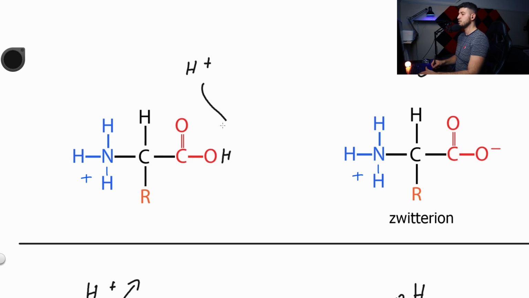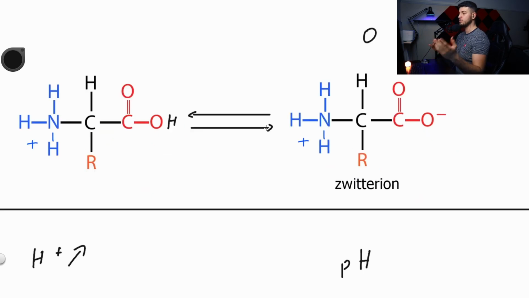So this hydrogen will combine with our carboxyl group, and all the functional groups are protonated, if you will. Now, what is important, this process is an equilibrium. So it goes in both directions. It's not like all of the amino acids will have this form. There will be some balance.